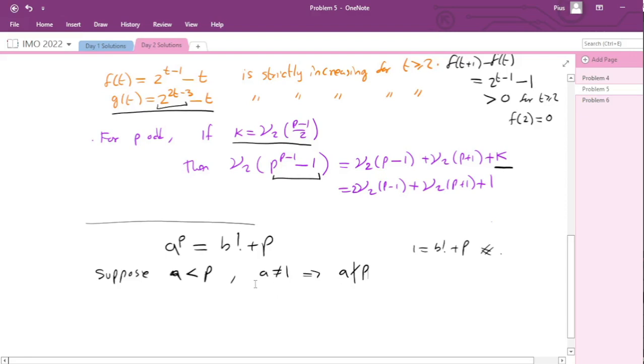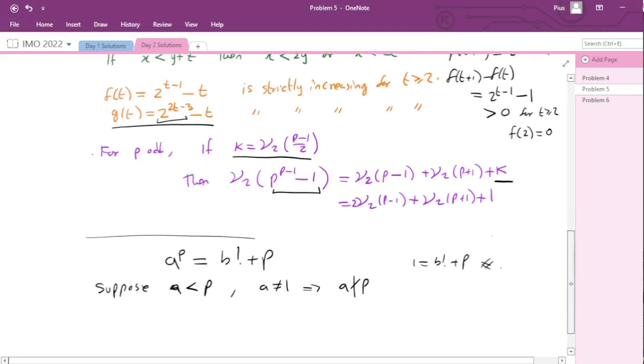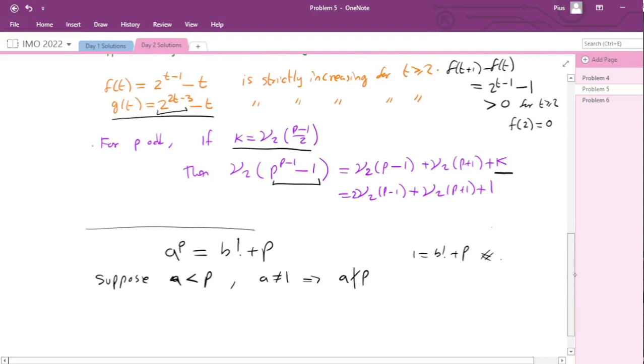Okay, so from this, we can conclude that a doesn't divide p. So remember that this will imply that a doesn't divide b factorial, based on the fact that if it divided b factorial and it already divided a raised to power p, then it has to divide p, which is not possible.